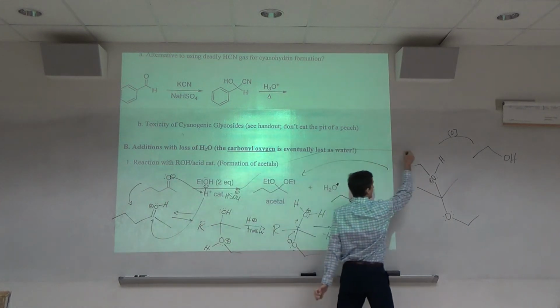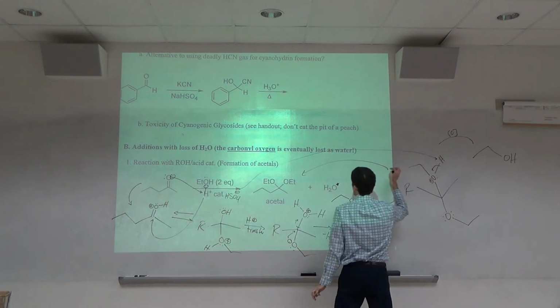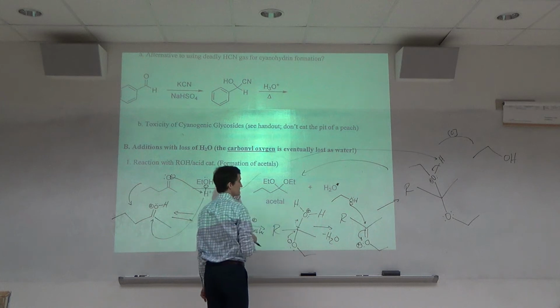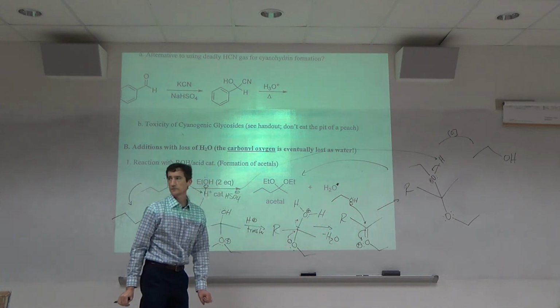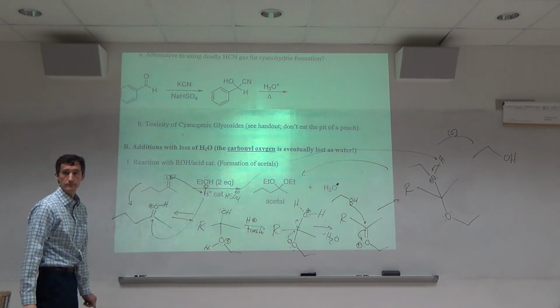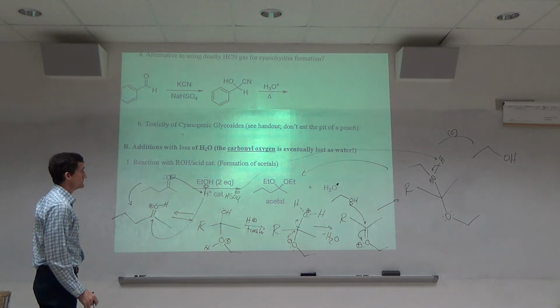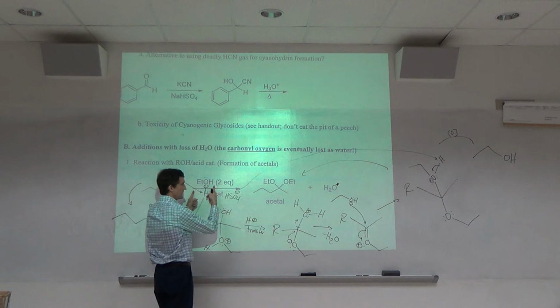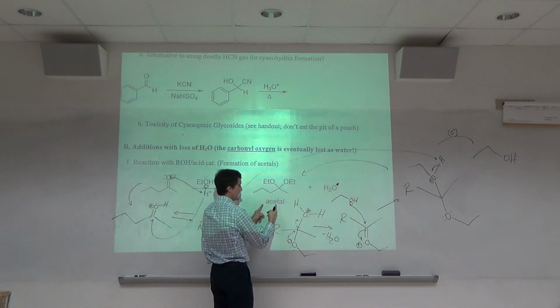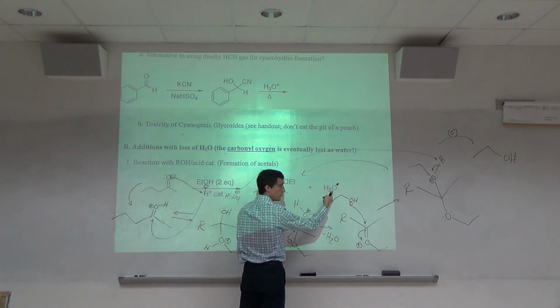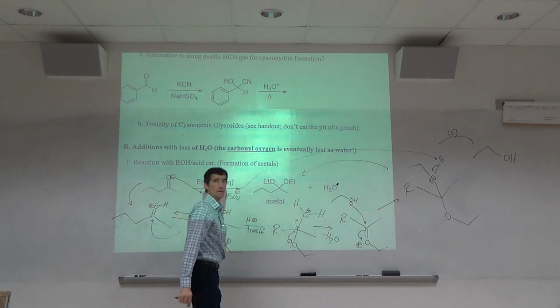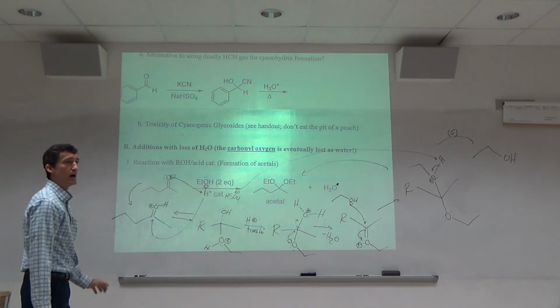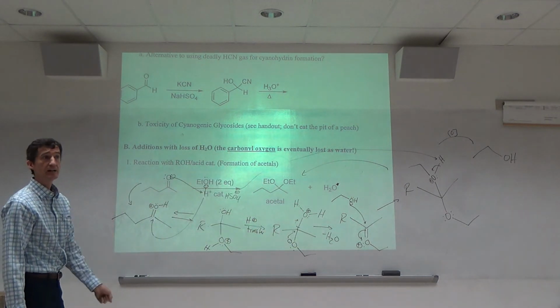This minus can take the H, leaving that behind, and we get the product plus the sulfuric acid reformed. This reacts with two equivalents of ethanol to give acetal plus water. This is a true equilibrium reaction.